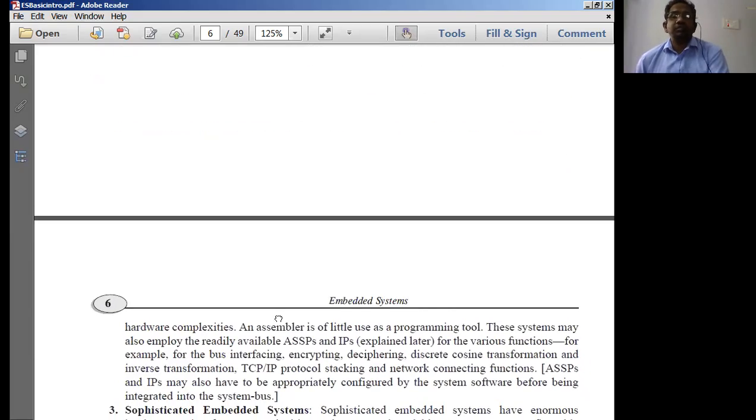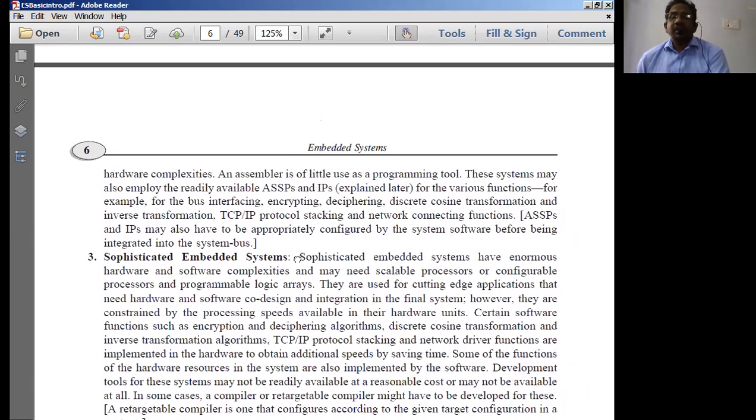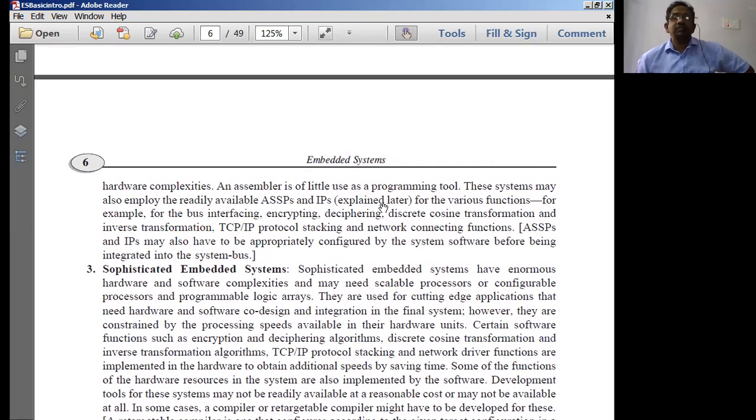So software tools are also going to provide a solution to hardware complexities. As the system is going to build up or increase in terms of software and hardware, software should compulsorily provide solutions to the hardware complexities also. Then an assembler is of little use as a programming tool here, because everything is done by using IDE tools and RTOS operating systems.